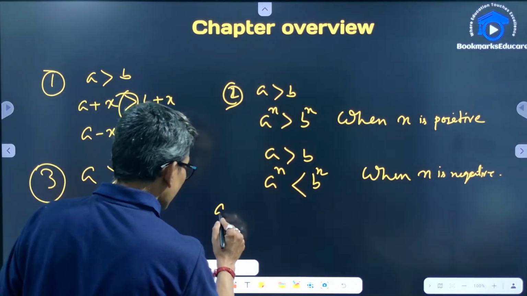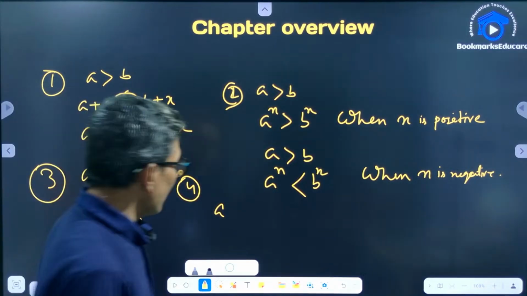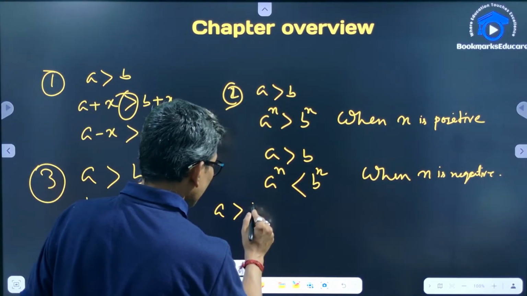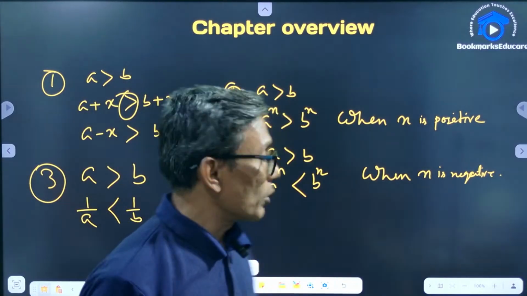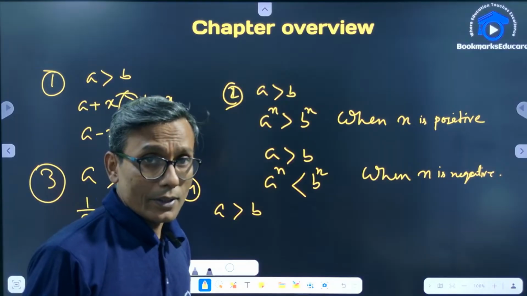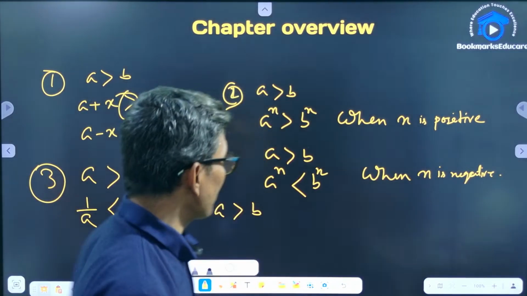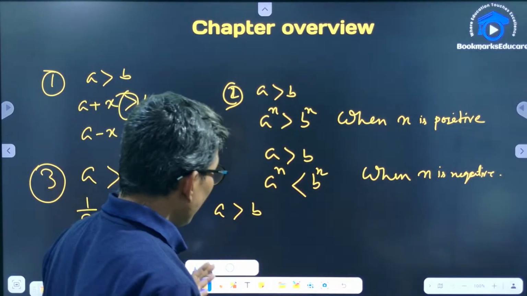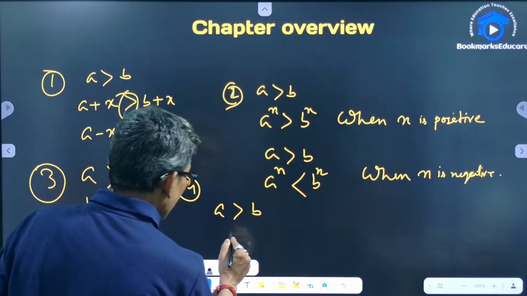Fourth property: if a greater than b, if we multiply on both sides by a positive number, then the sign will not be changed.